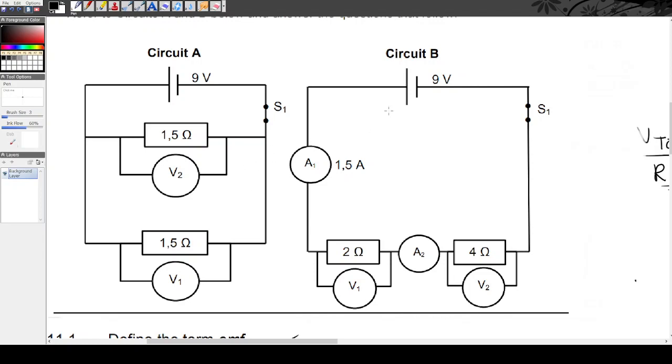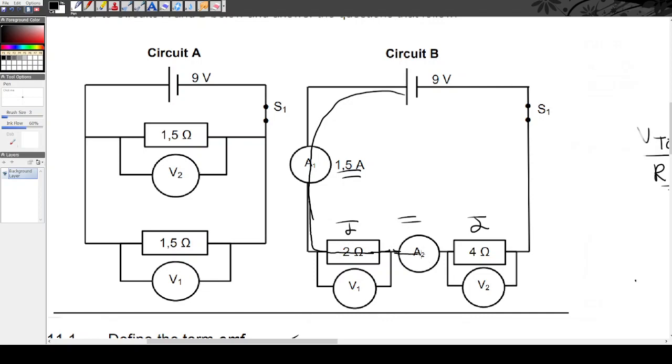So current will flow. Remember, we said current will flow like this. If it's 1,5A, it will go as 1,5A and pass through this 2 ohm as 1,5 amps. Nothing changes. Remember, we said I here is the same as I in here, meaning current of 4 ohms is the same as current of 2 ohms.